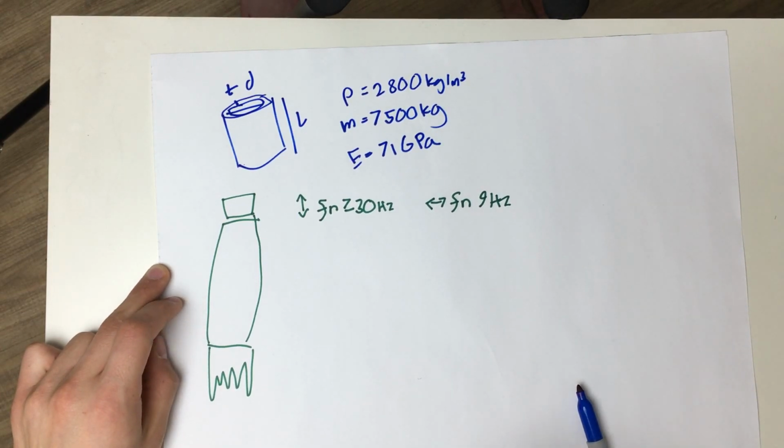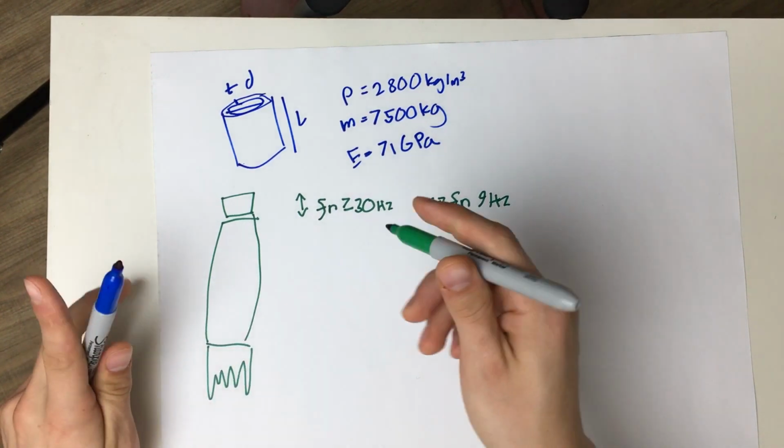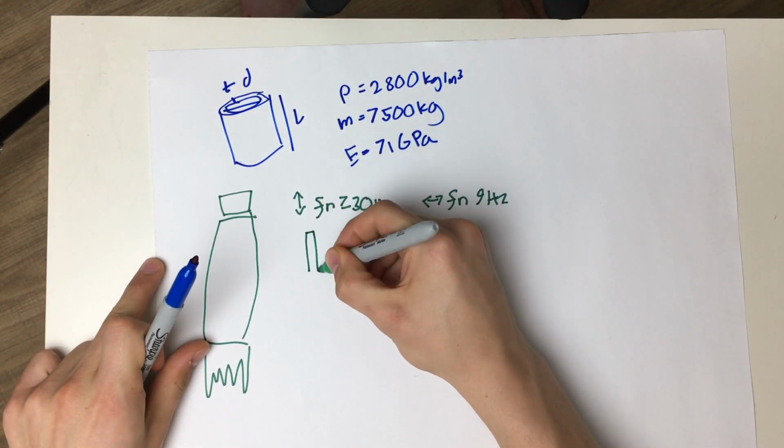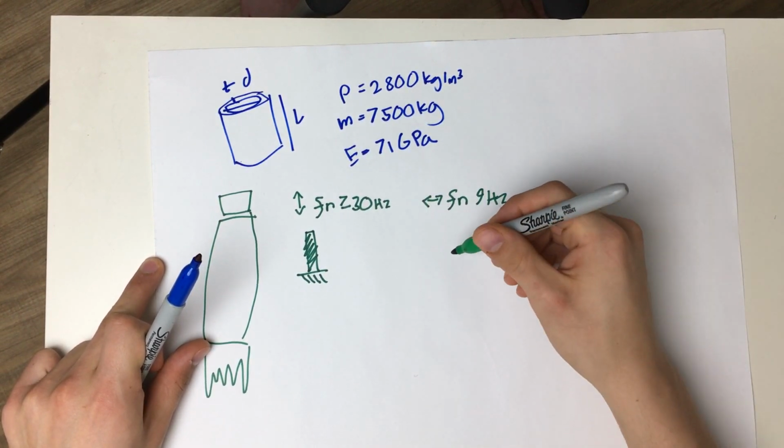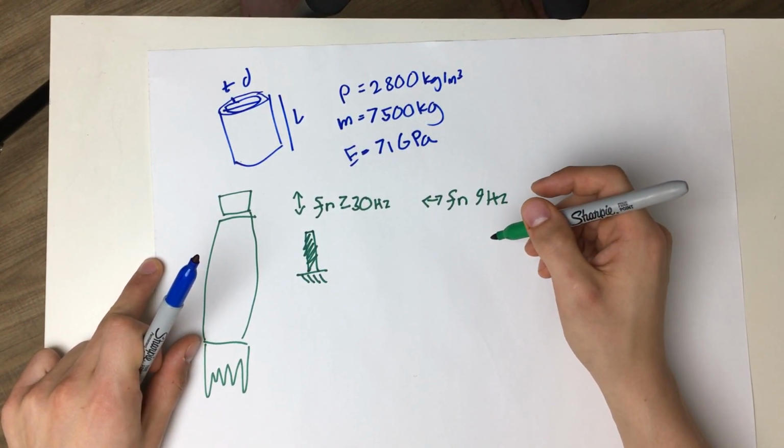Based on the assumption that it's constant mass all the way through, we can use the equation for a constant mass beam.